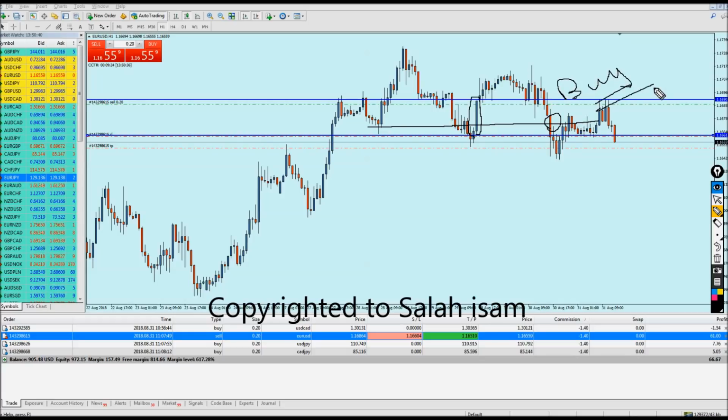Because this is one of the strategy rules: whenever you see an uptrend, look for the bullish breakout candle, then mark the nearest support and place your buy on the same level. That didn't work here, and the reason is we had a double top. We see here a double top.